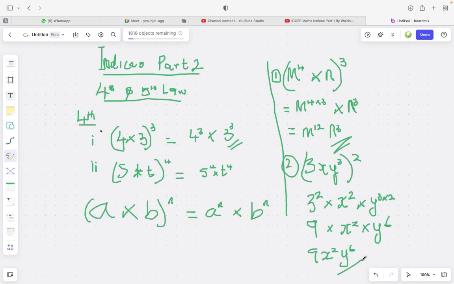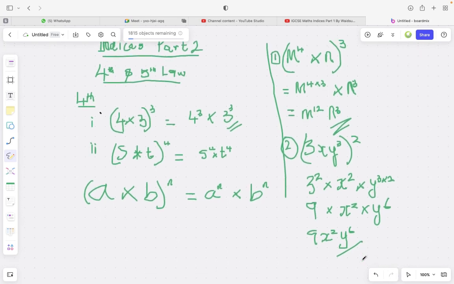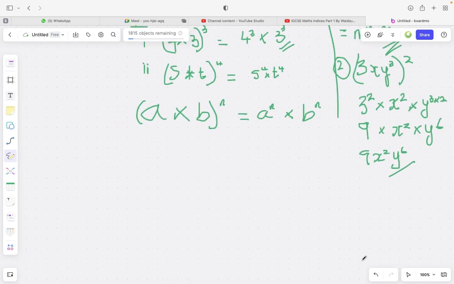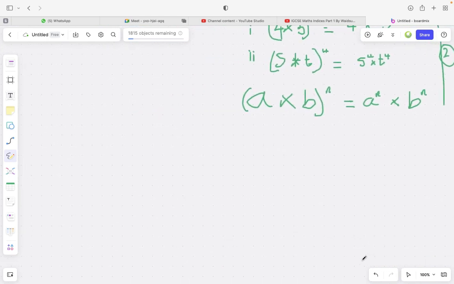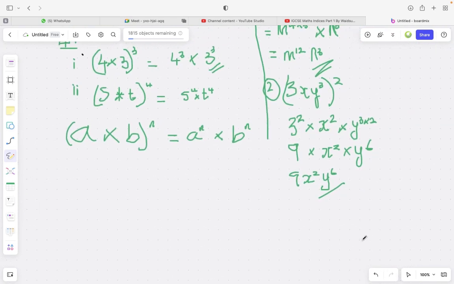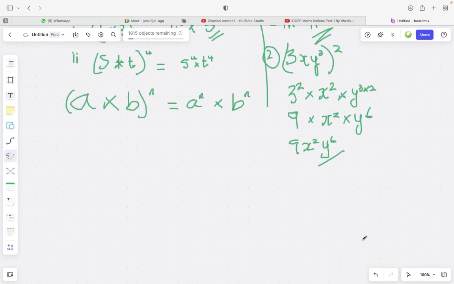We take one more example before we go to the fifth law.